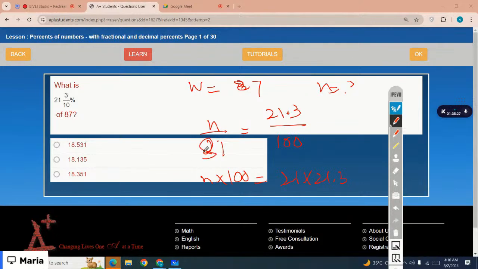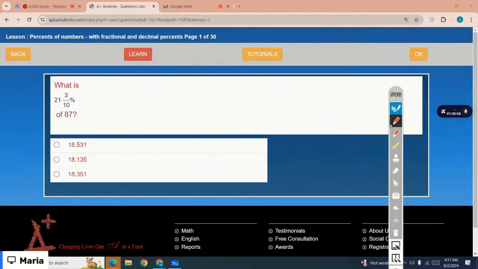Here we have 87, not 21, right? So 87 times 21.3. So let me just do 87 times 21.3, and then we have to divide it by 100, so that would be 18.531. Option number 1 is the correct option. That is 18.531 is the correct option.